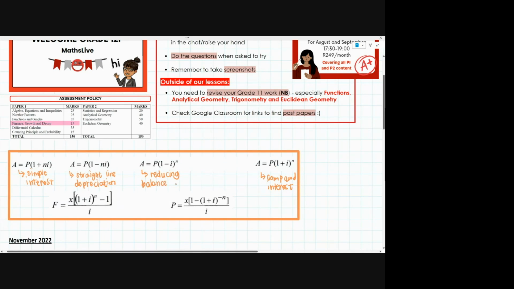Does anyone know what depreciation is? Can anyone tell me what depreciation is? Nice, Awami.